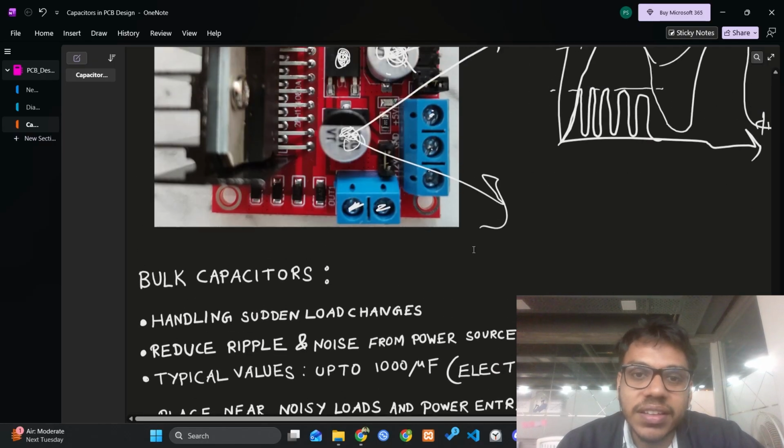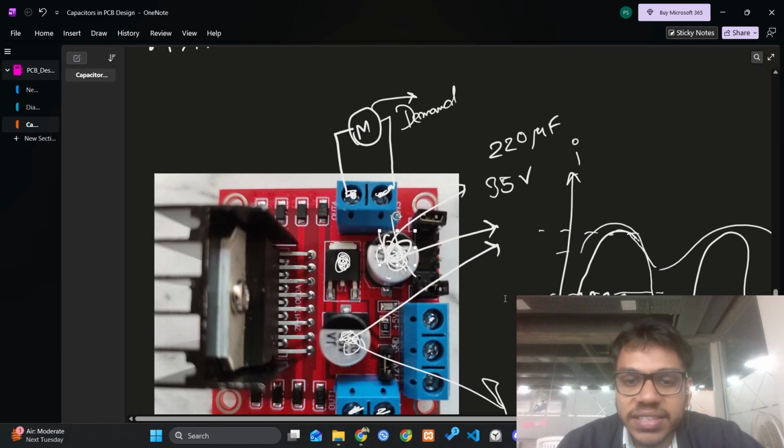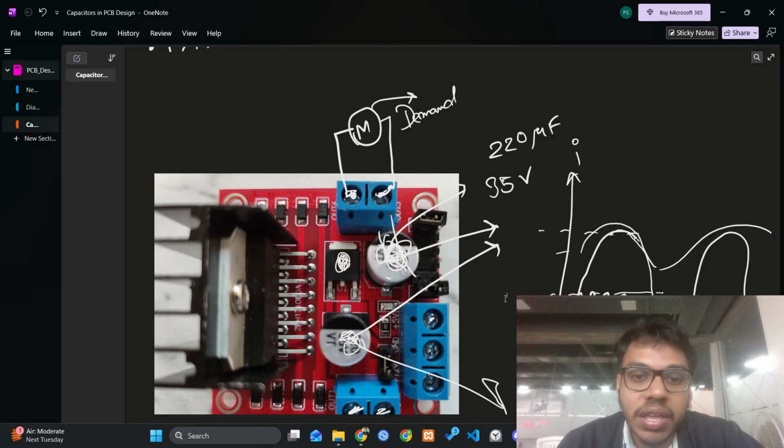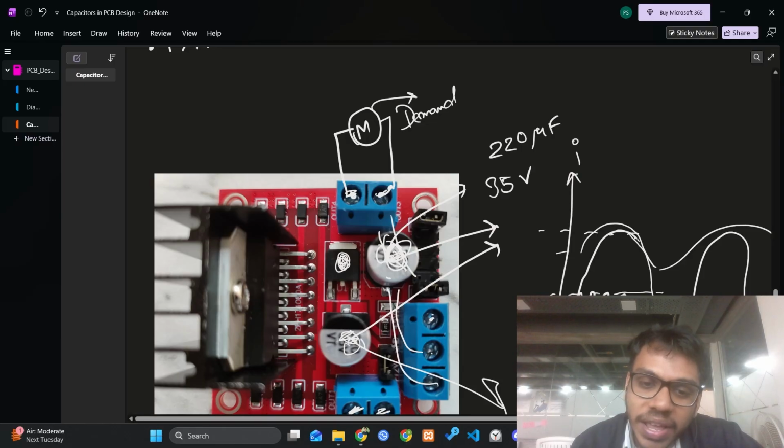So here the capacitor is acting as a local power supply for that motor for a very brief period of time. Now don't think that this capacitor is generating some electrical energy by itself. It is getting charged and discharged by this power supply, but for a very brief period of time, it is able to release that energy.